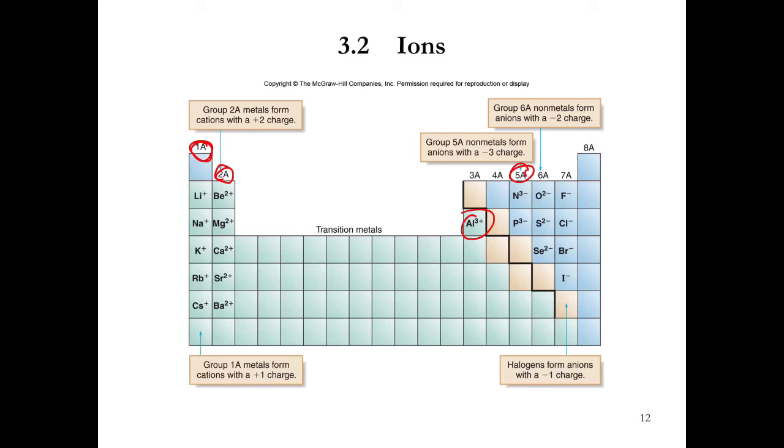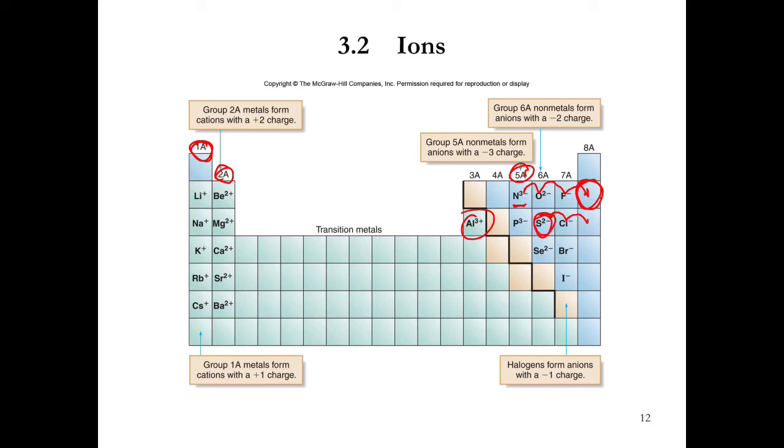Another way to think about this is we know that nonmetals gain electrons until they have a full outer shell. So for nitrogen, when it forms its ion, it's going to do that by gaining 1, 2, 3 electrons. That's why nitrogen ends up with a -3 charge, because it has to gain 3 electrons to have the same number of electrons in its outer shell as neon does, its nearest noble gas.